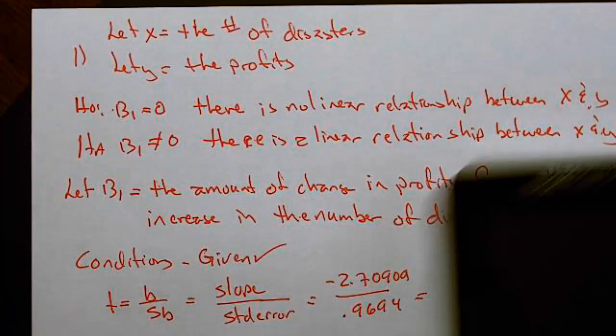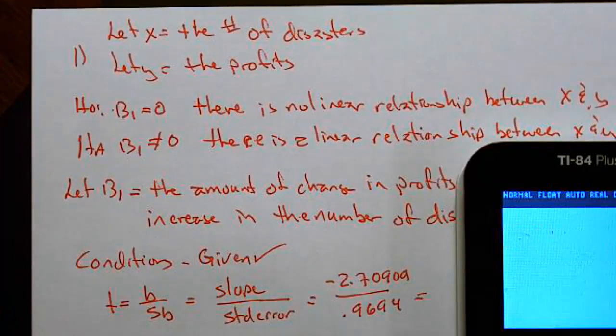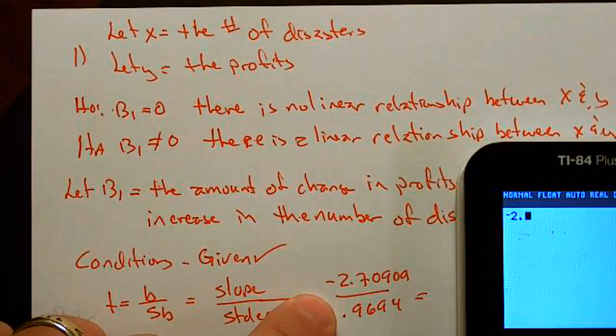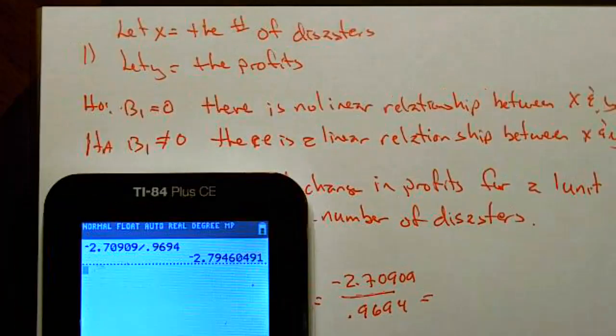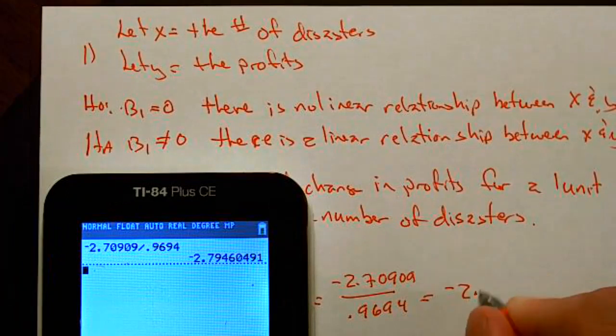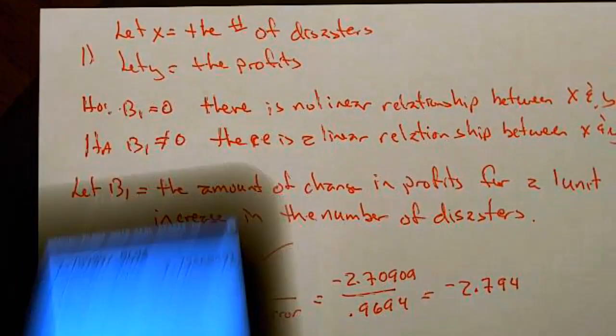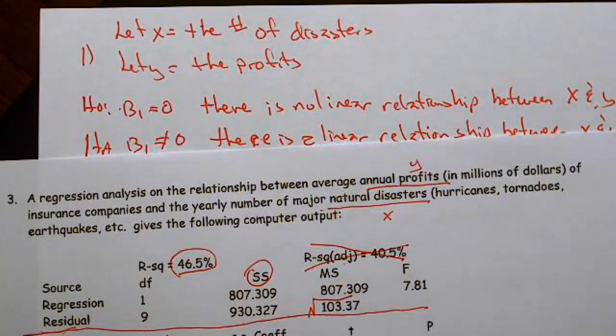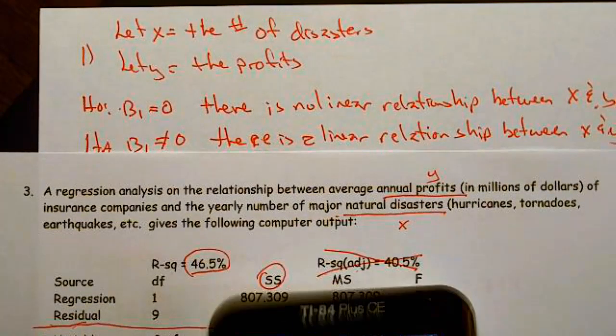We've calculated this in a previous video, but this is good practice for you. This is not the T star, this is a T statistic: negative 2.709 divided by 0.9694 equals negative 2.794. So if I were asking you to fill out the chart right here, you would write negative 2.794.